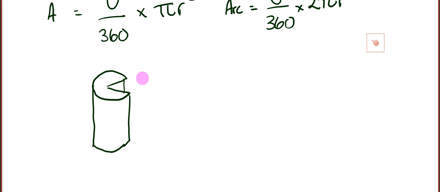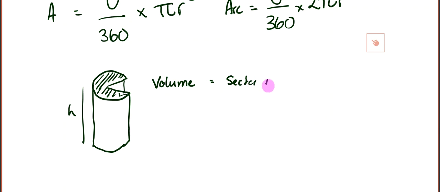It is a cylinder with a chunk out of it. If I asked you for the volume of something like this, you're basically just finding the area of the end, aren't you, and multiplying it by the height. So the volume of something like that would be sector area times height.